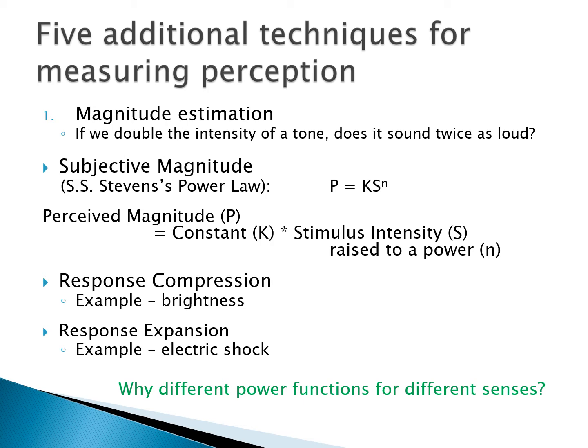Okay, said simply, our magnitude estimates are based on an exponential relationship instead of this more linear relationship that we saw with the difference threshold. And we can see both response expansion and response compression depending on whether that n, that power n, is less than 1 or greater than 1.